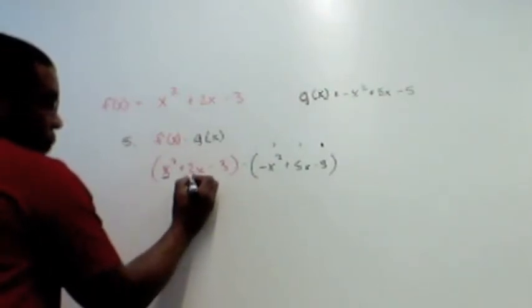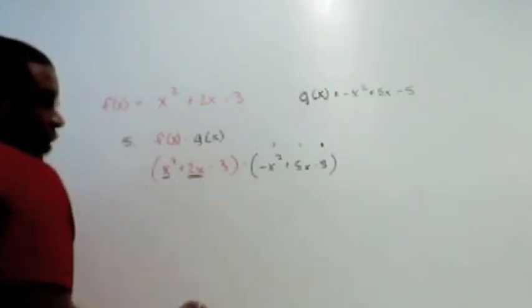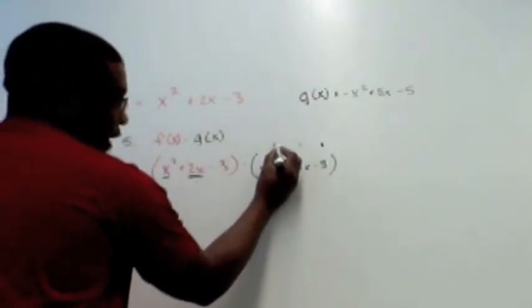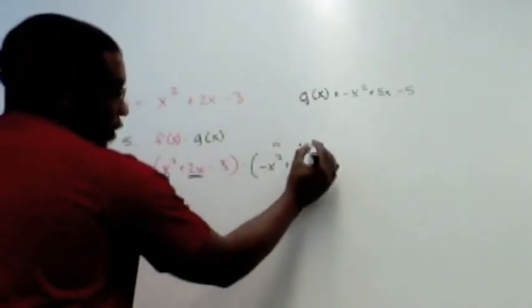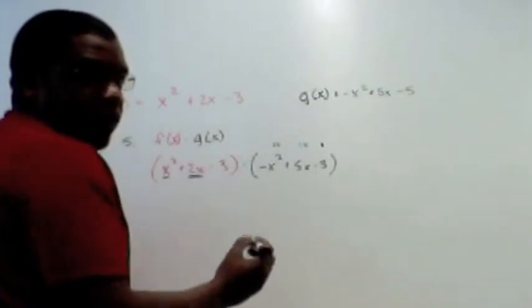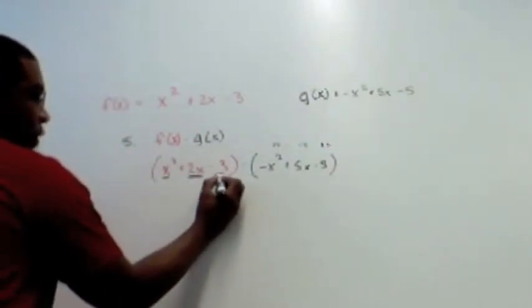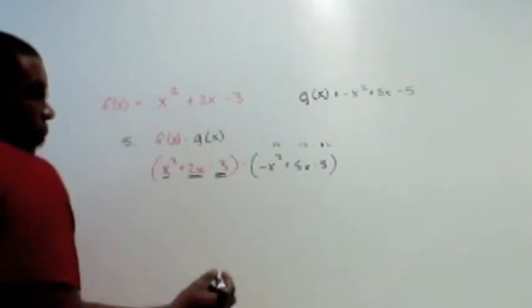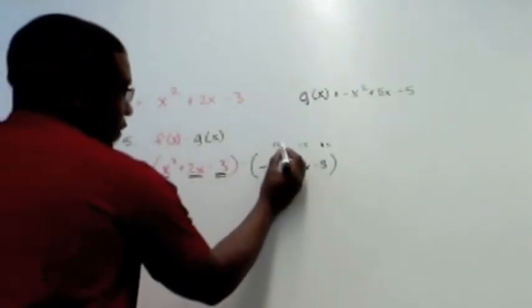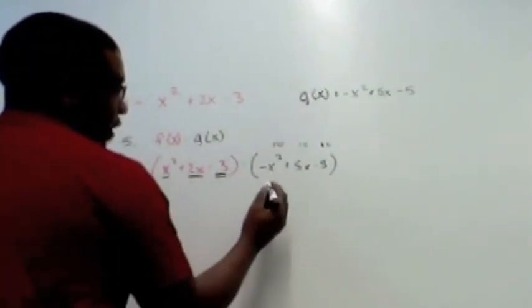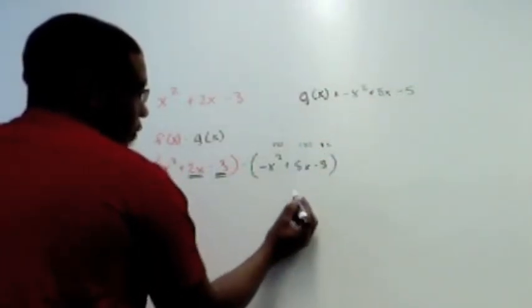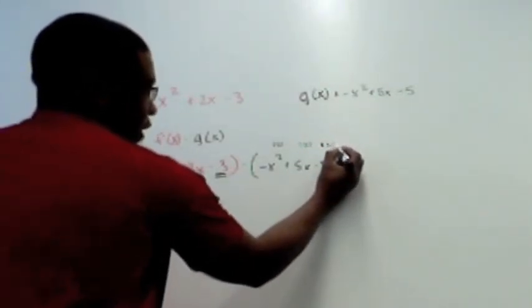Then my 2x, I'm going to multiply that times negative x squared, by 5x, and by negative 5. Then my negative 3, I'm also going to multiply times negative x squared, times 5x, times negative 5.